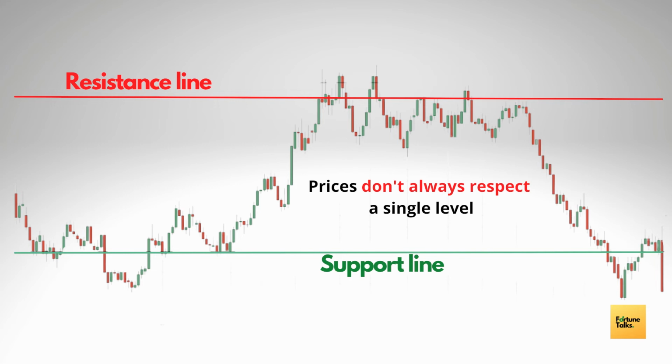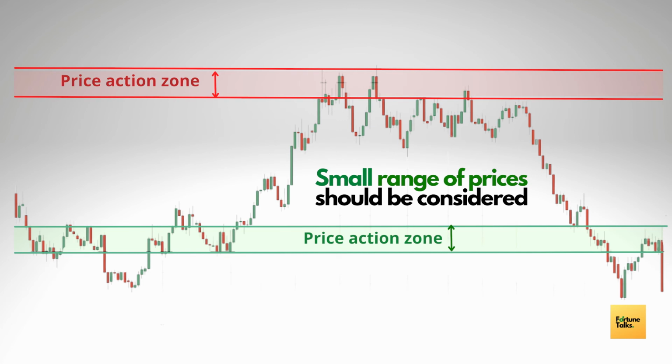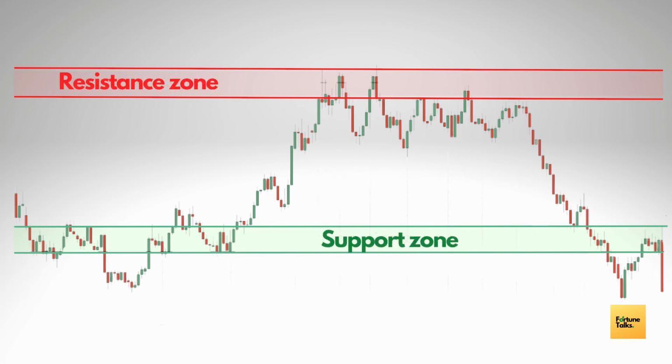So hence we have to give room for error, which means that the price level should be depicted as a range and not just as a single price point, which simply means that rather than drawing a single line to plot the support resistance, we should represent it as a zone or an area where there is price action happening.